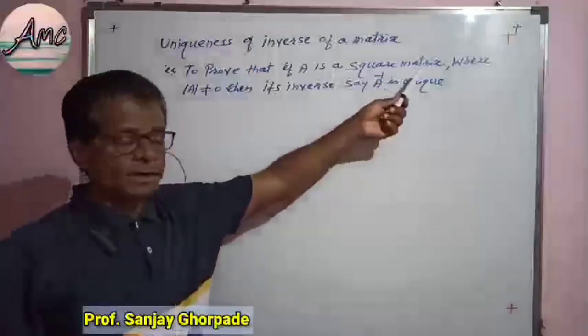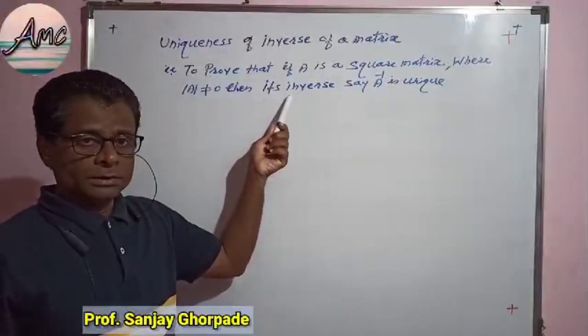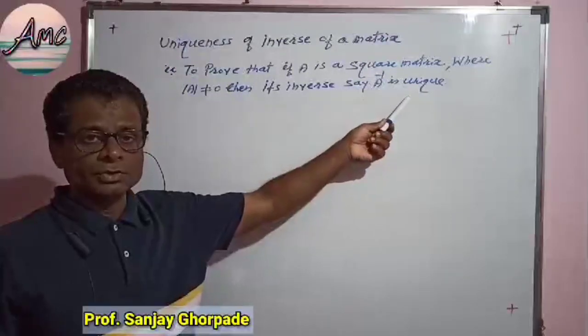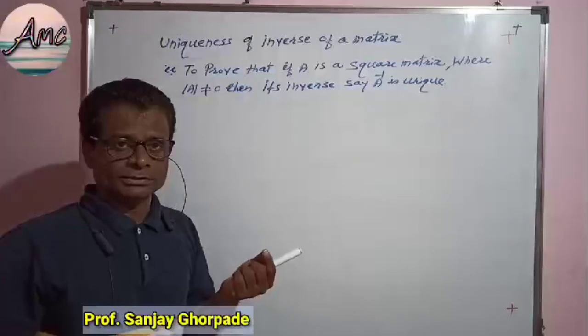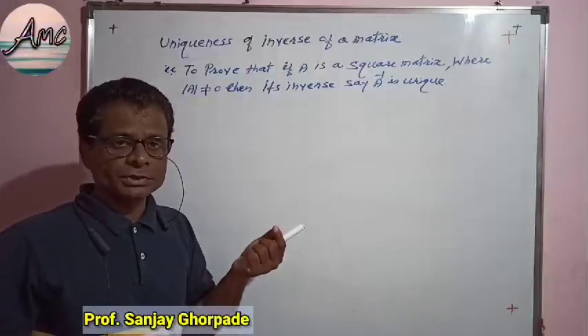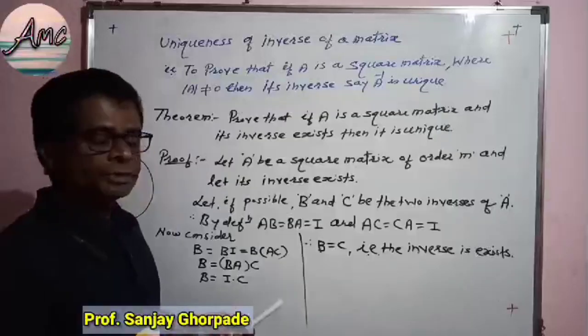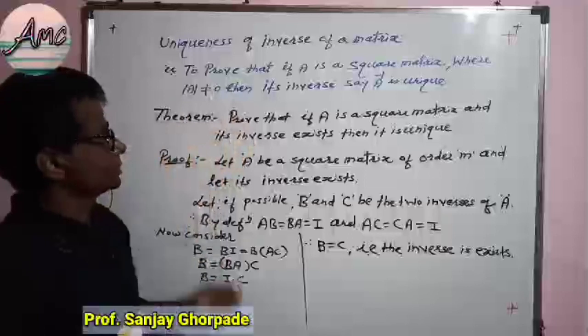If A is the square matrix where determinant of A is not equal to 0, then the inverse, say A inverse, is unique. It is having a single inverse. So let us prove this by considering one theorem. Let us prove the theorem based on the uniqueness of the inverse of a matrix.